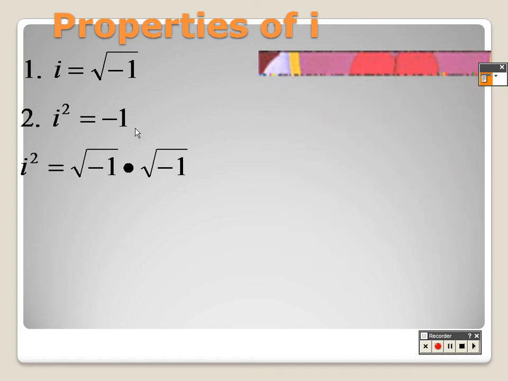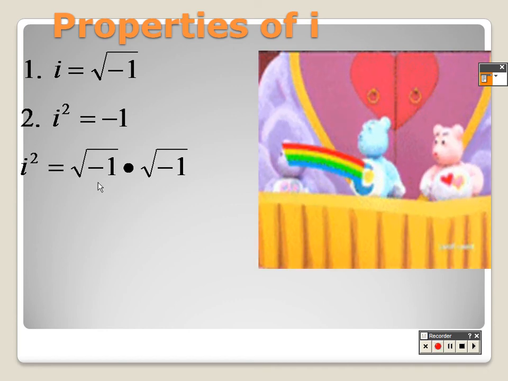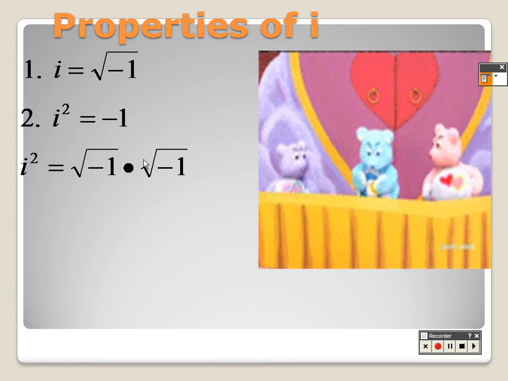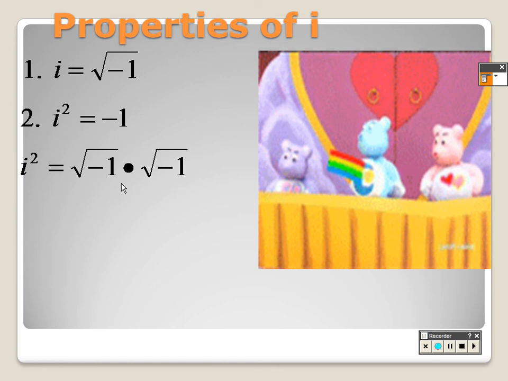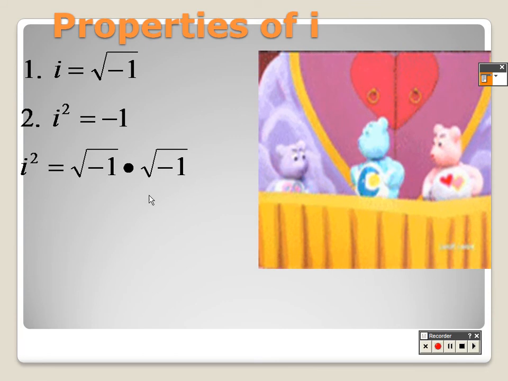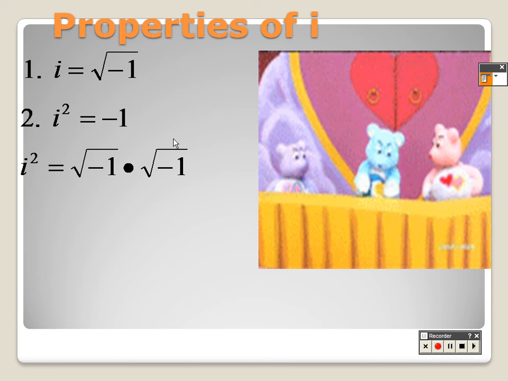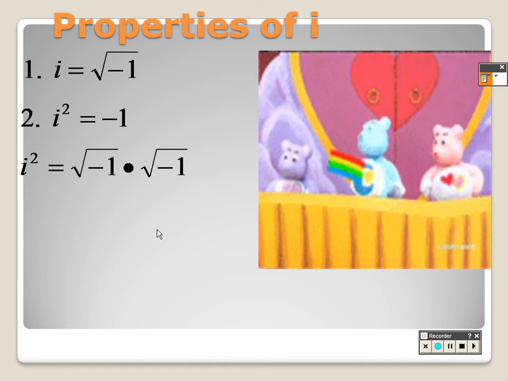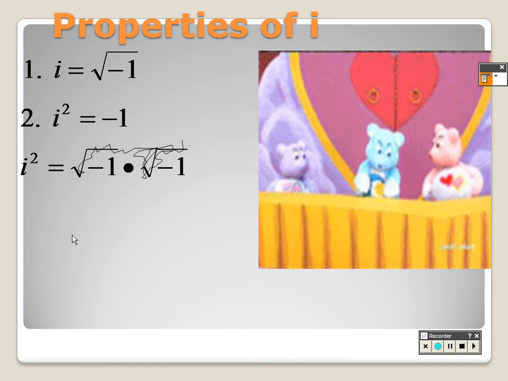And if you remember, whenever you have square roots, whatever's underneath, you can multiply them together. -1 times -1 is what you're basically supposed to do when you combine them together. But whatever's the same item underneath is what you end up with. So like square root of 2 times square root of 2 is 2. Square root of 3 times square root of 3 is 3.